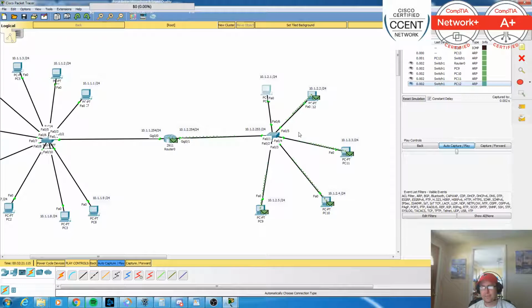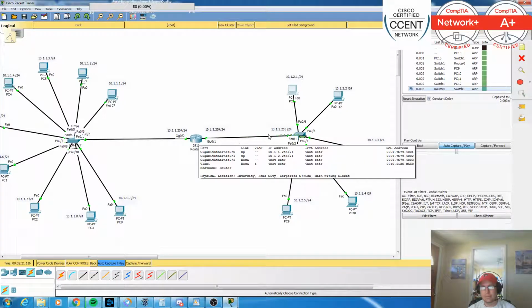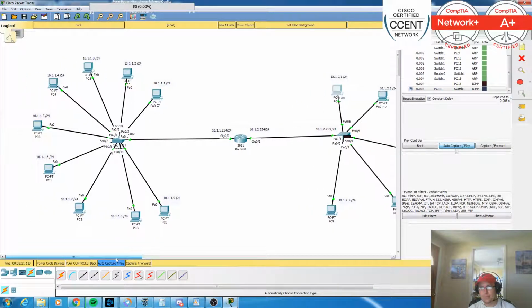There's the flood, looking for the IP address. Notice all of them get canceled. It goes back to the router. The router feeds it to the PC. Notice what the router did here. It's going to respond back, and it's going to go back to here.